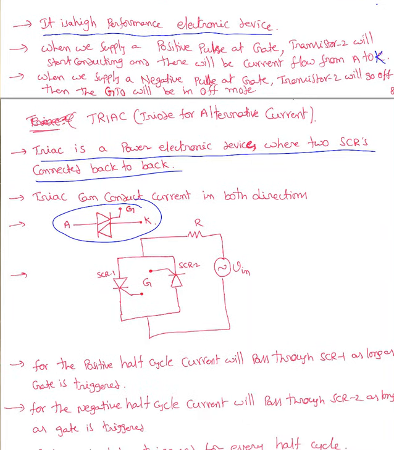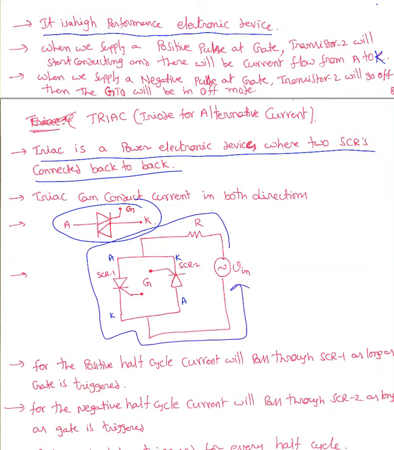We know that current always flows from anode to cathode. Here this is anode and cathode. For the positive half cycle, current will pass through SCR1 as long as the gate is triggered. If we give the gate voltage, current is going to pass through SCR1 in that direction.